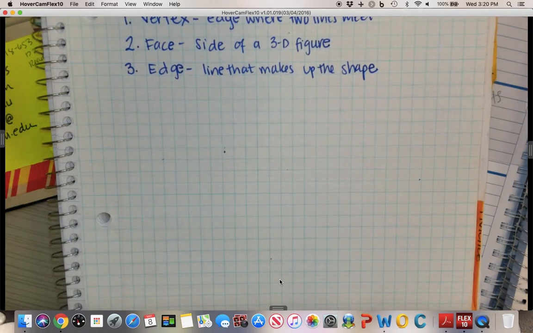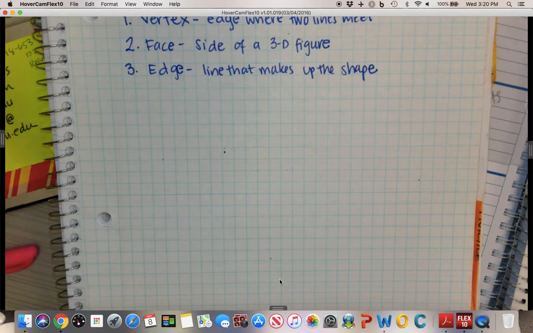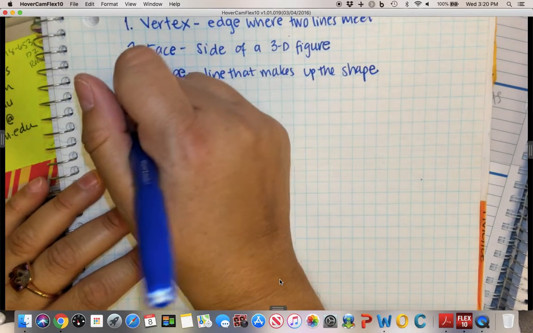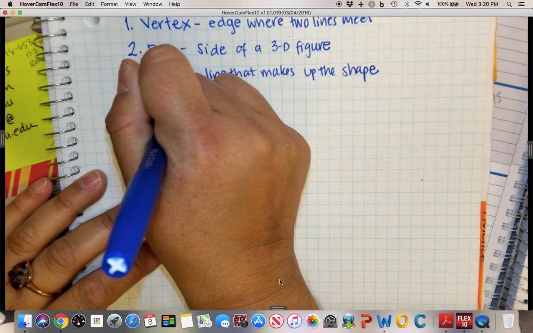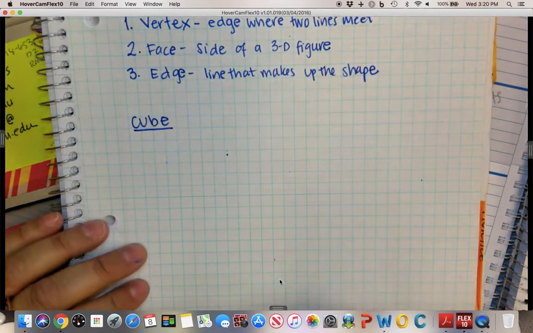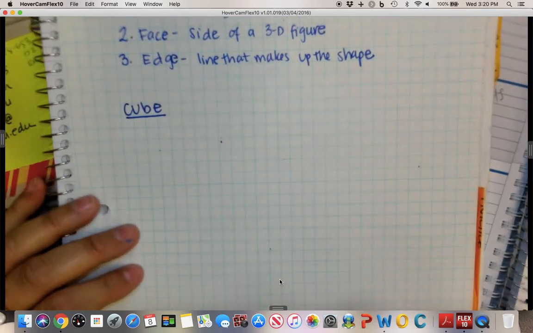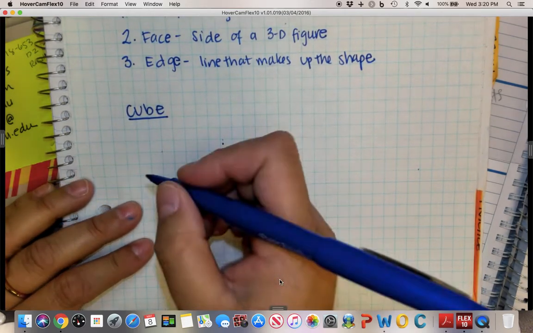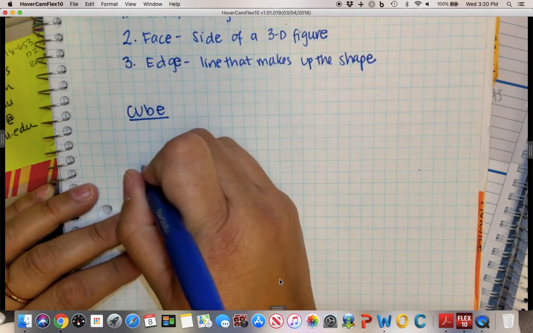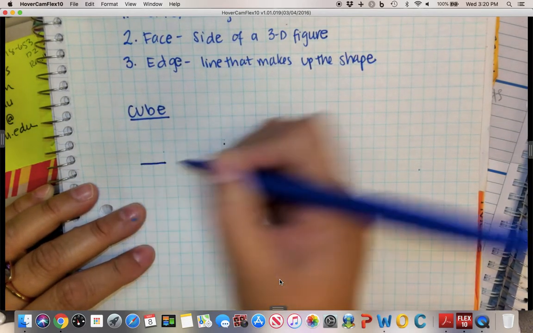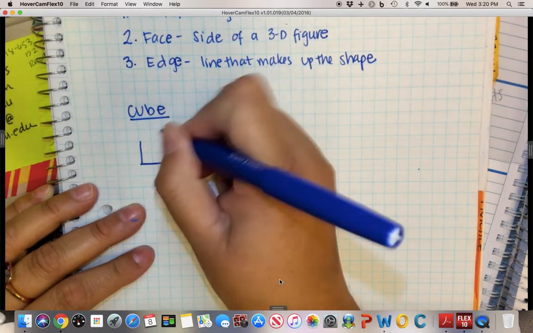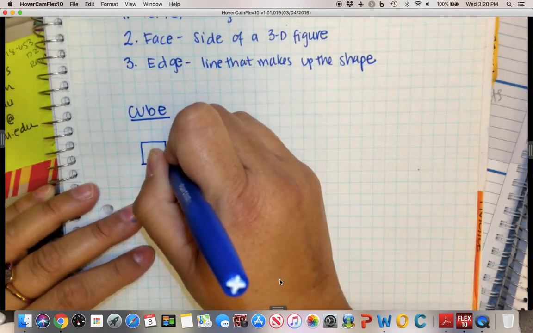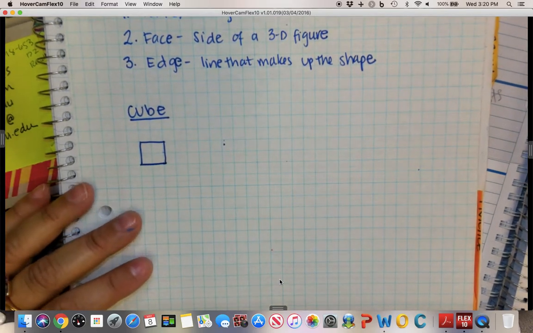Okay, the first 3D figure we're going to start with is a cube. And so what I'm going to do is I'm going to make a line that is 2 boxes by 2 boxes by 2 boxes by 2 boxes.